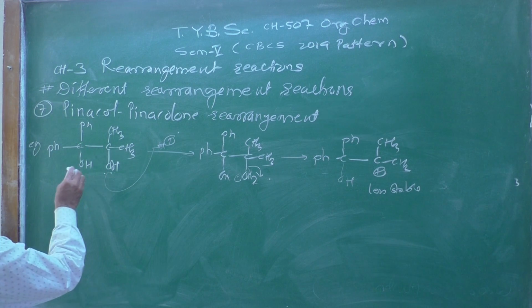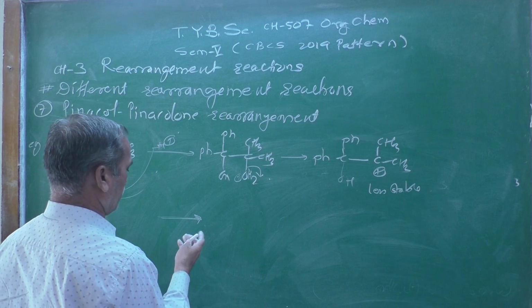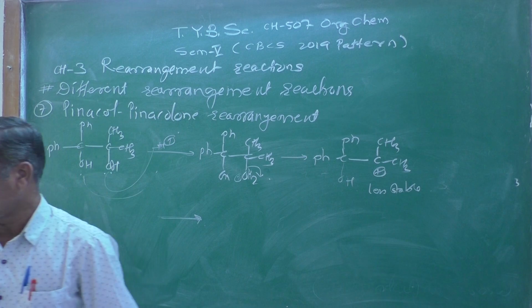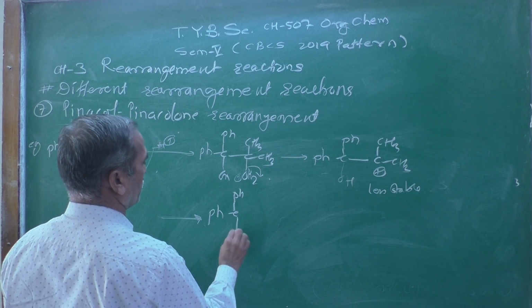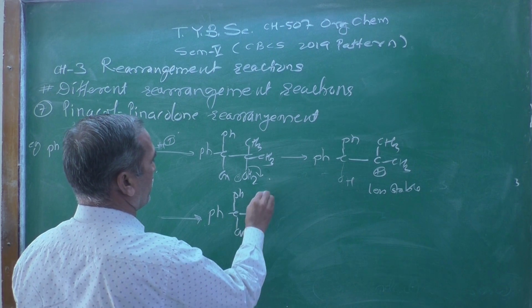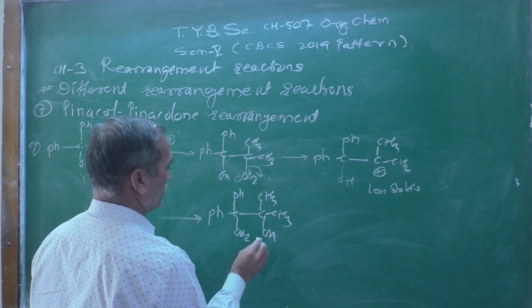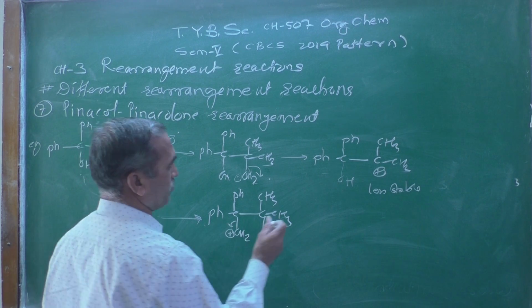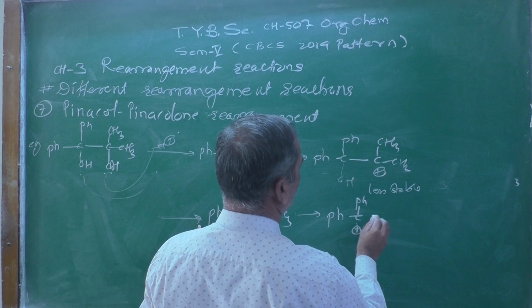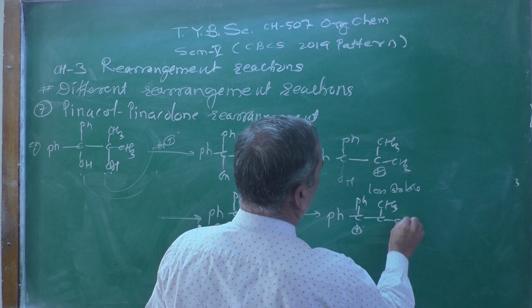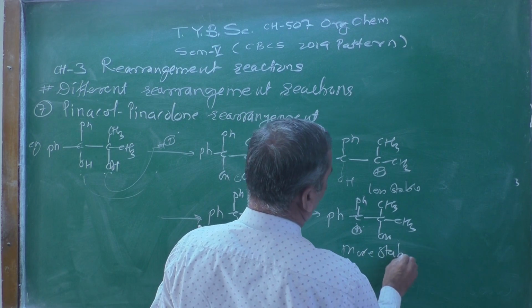And if you see here, if the other bond is formed, then what do you get over here? Ph, Ph, OH2, then CH3, CH3, OH, and after the elimination of water from this positive charge you will get Ph, Ph, positive charge, then CH3, OH, that is a more stable carbocation.